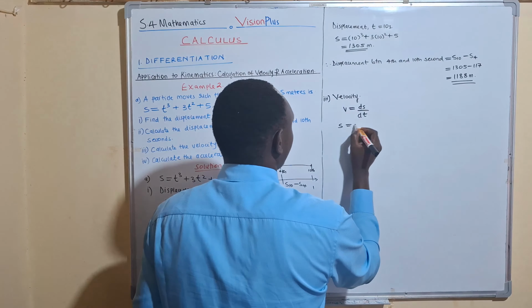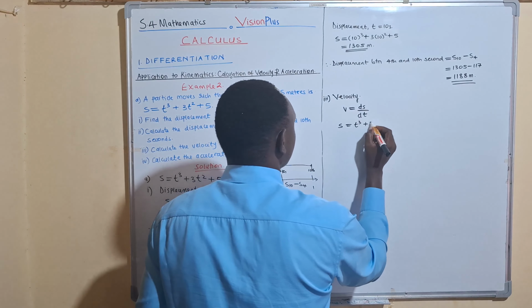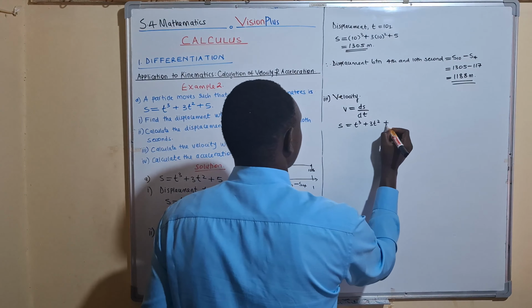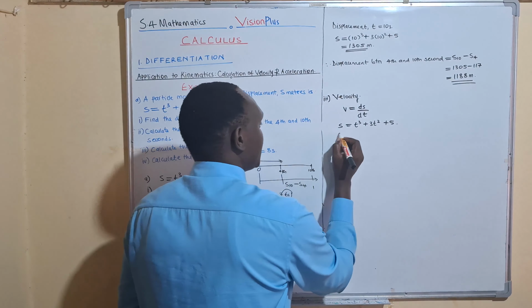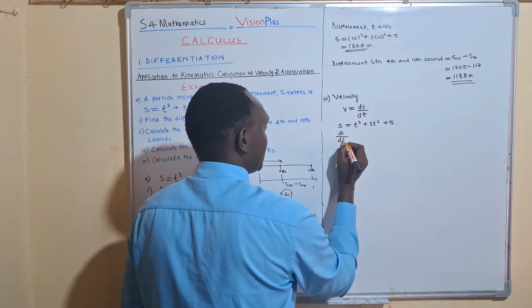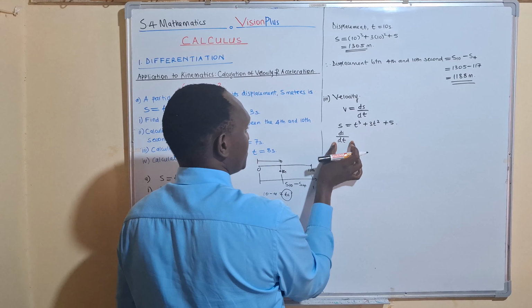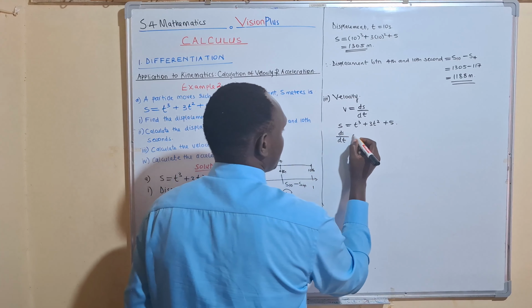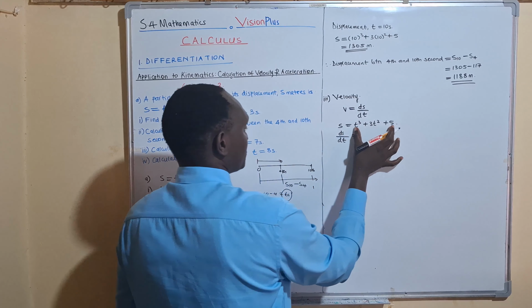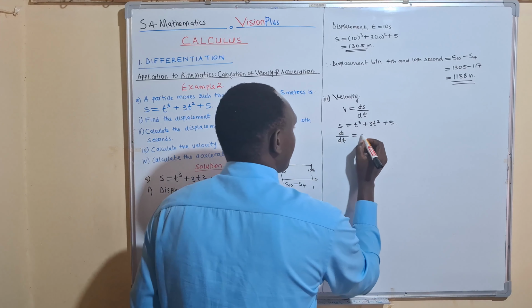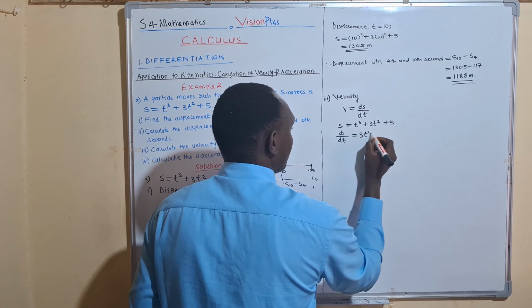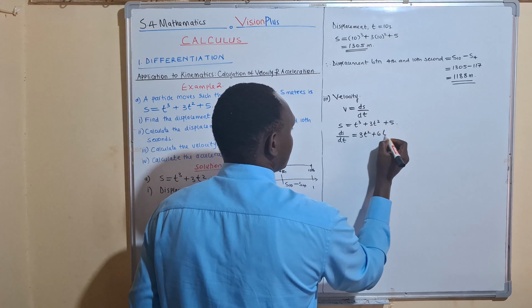And displacement is given as t cubed plus 3t squared plus 5. Now let us get ds dt. This is the rate of change of displacement with time, which is the definition of velocity. I'm not going to explain how we differentiate. We know that this gives us 3t squared plus 6t.